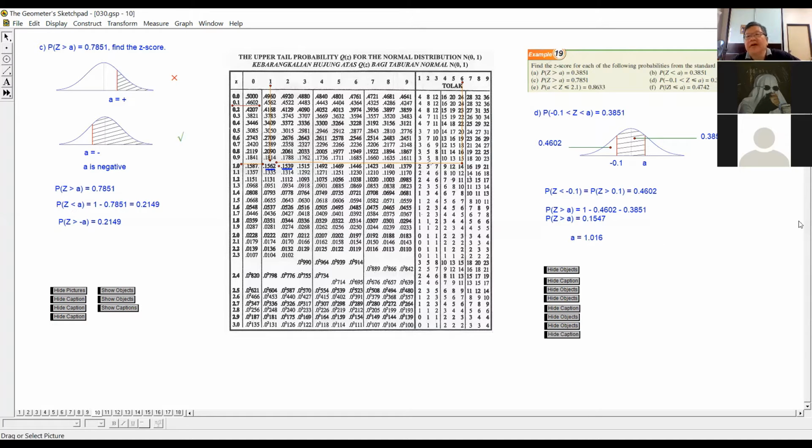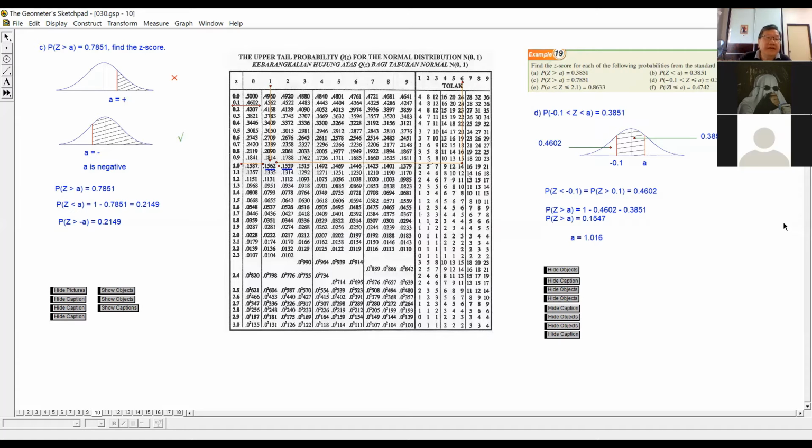1.016. Okay, so see, this type of problem, you have to draw the graph to visualize what you want to find. If you can imagine, then it's okay. But if you cannot imagine, then you may not be able to solve the problem.